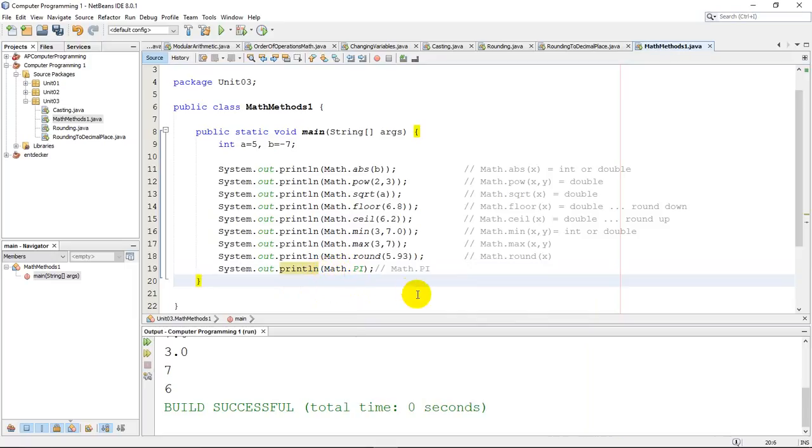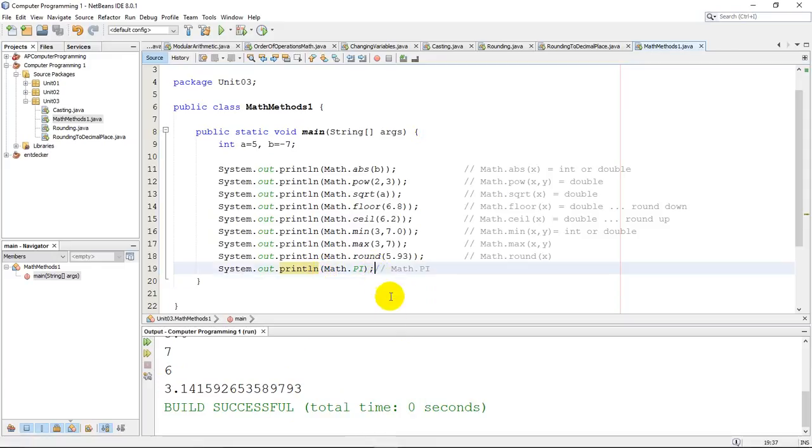It's kind of like in a math class where sometimes your teacher told you to use 3.14 for pi. Sometimes your teacher may have told you to use the pi button on your calculator, or to use a certain decimal value of pi. Well, in Java, it's stored for you, and you can just grab it. It's like hitting the pi button on a calculator. You just need to be able to use math.pi whenever you need to access pi.